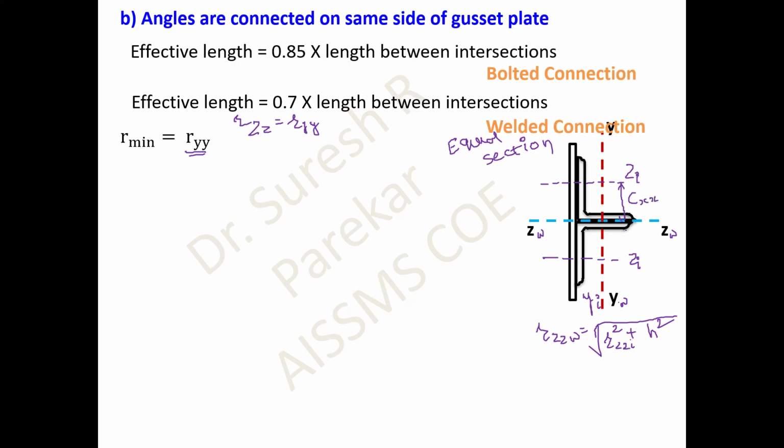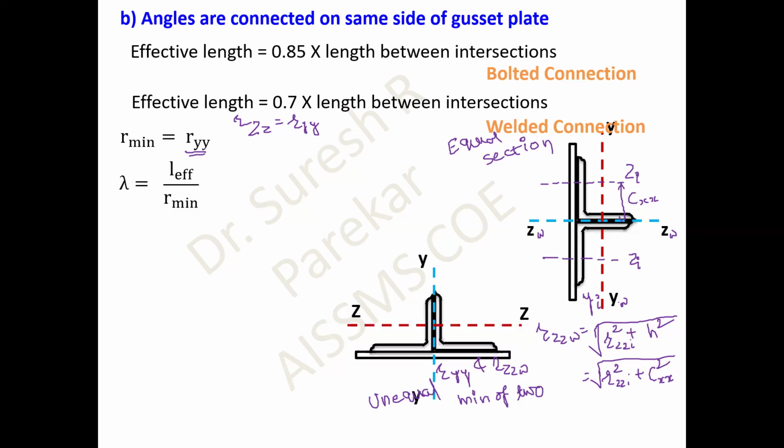No thickness of gusset plate we have to consider over here, and therefore we can write rzz individual square plus cxx square. Then we have to see the minimum of ryy and rzz whole section. The minimum of the two we have to consider as r minimum if we have unequal. If we have equal, then directly we can take r minimum equal to ryy.